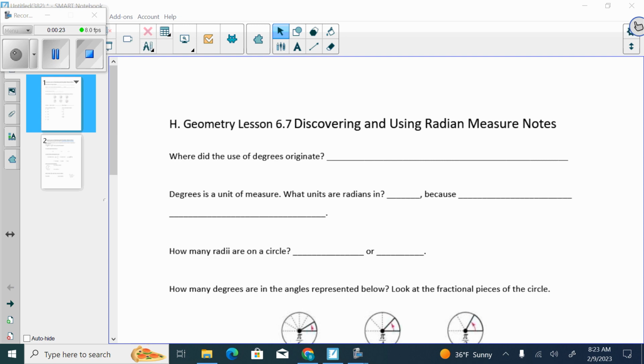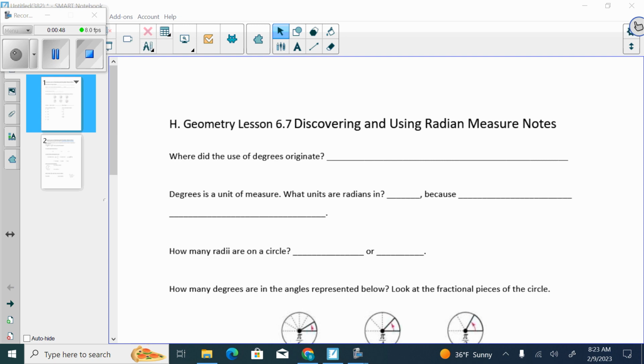So today we're going to talk about what radians are and how we can convert between degrees and radians, because often we're going to be given degrees but we may need to convert to radians, or vice versa. Maybe it's given to you in radians and you need to convert it into degrees to solve whatever problem you're looking at.